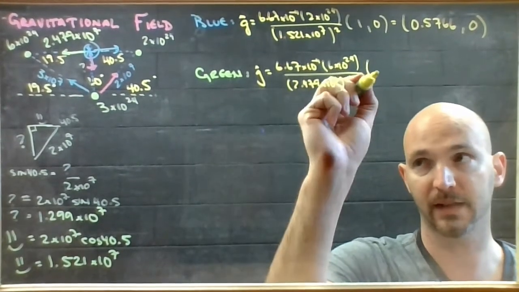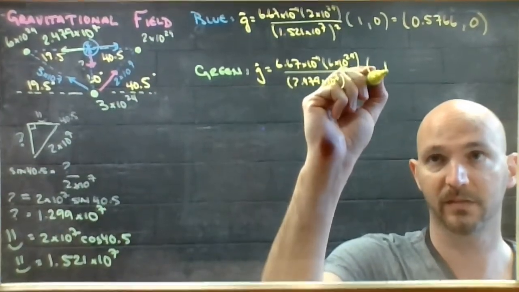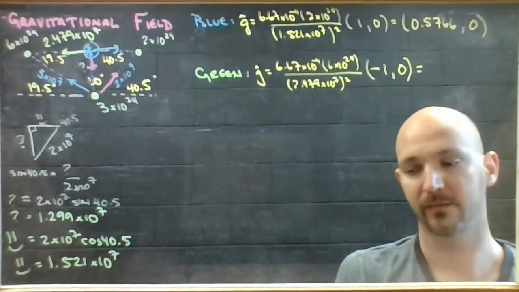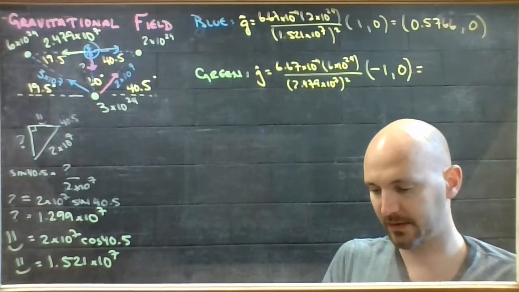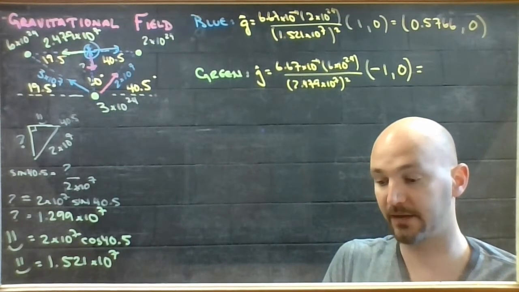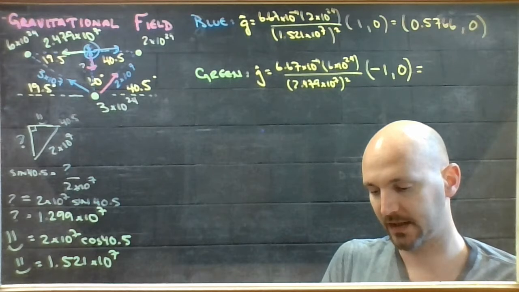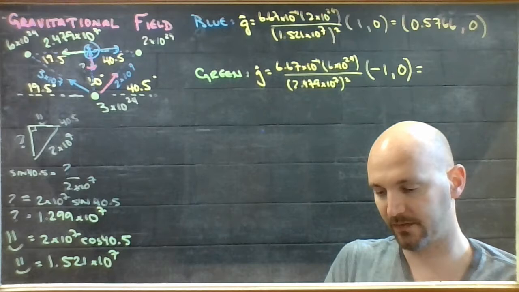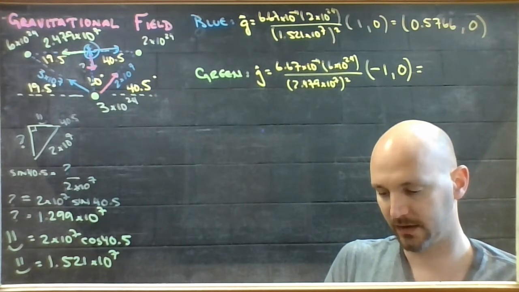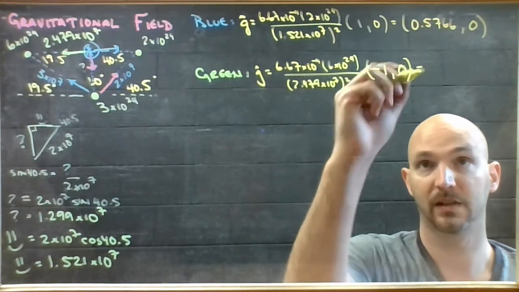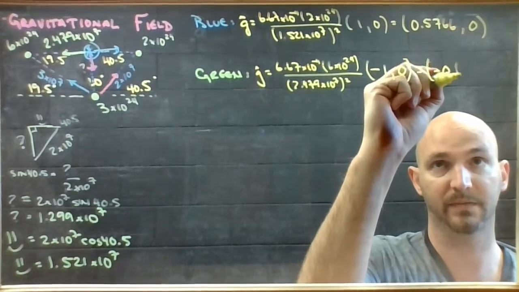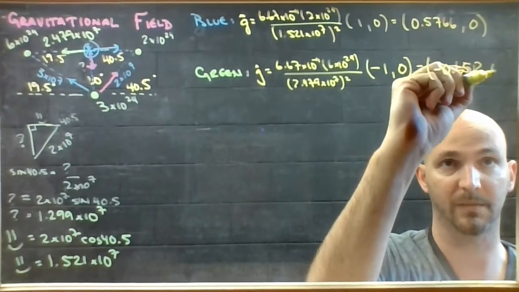And r hat is entirely horizontal, no vertical component, but it's headed to the left. So 6.67 times 10 to the negative 11 times 6 times 10 to the 24 divided by 2.479 times 10 to the 7 squared gives me negative 0.6512, comma 0.